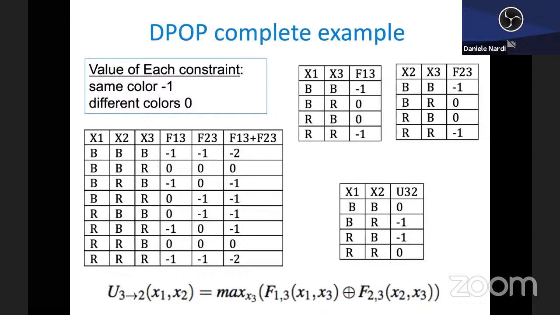So remember that we need to compute the formula which is at the bottom. And the formula at the bottom is going to return us a function of two variables, x1 and x2, right? And this function will be obtained by taking the maximum over x3 of the two constraints f1,3 and f2,3. So let's start by considering what the constraints f1,3 and f2,3 are.